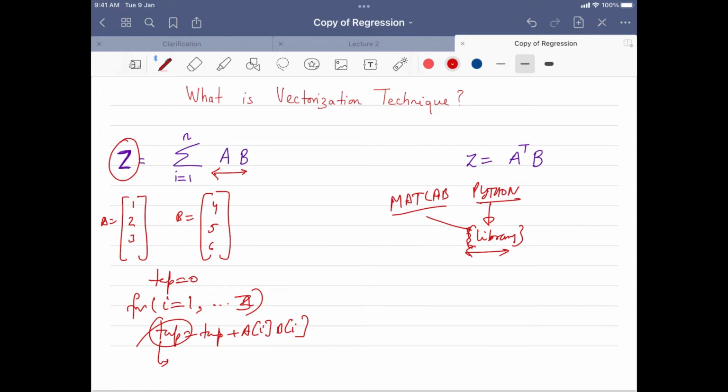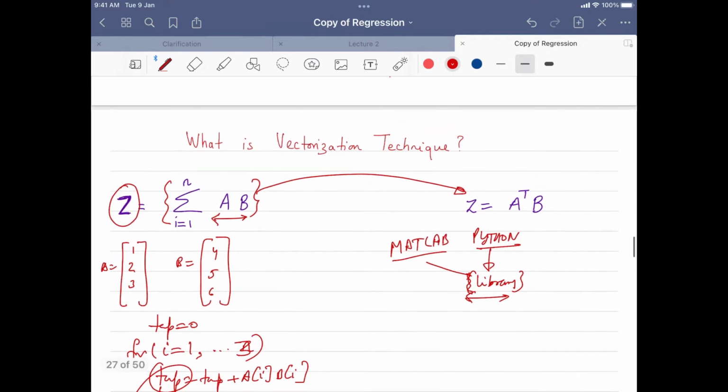That's why people try to convert these expressions which involve for loops into matrix multiplications, so that they can speed up their executions. The main objective of doing vectorization is to speed up the execution. You can also check this in your laboratory experiments.